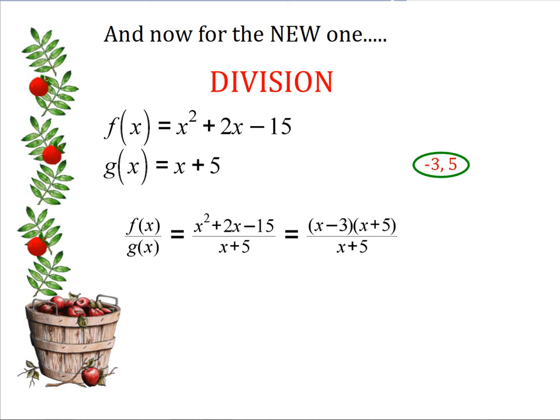If I have a matching factor in the numerator and denominator of my fraction, like here we have x plus 5 and x plus 5, those two factors can actually cancel each other out of the picture. They don't actually disappear. X plus 5 over x plus 5 just reduces to 1, but when I multiply something by 1, it's not going to change my answer. So I'm only going to be left with the x minus 3. And that will be the answer to my division problem.